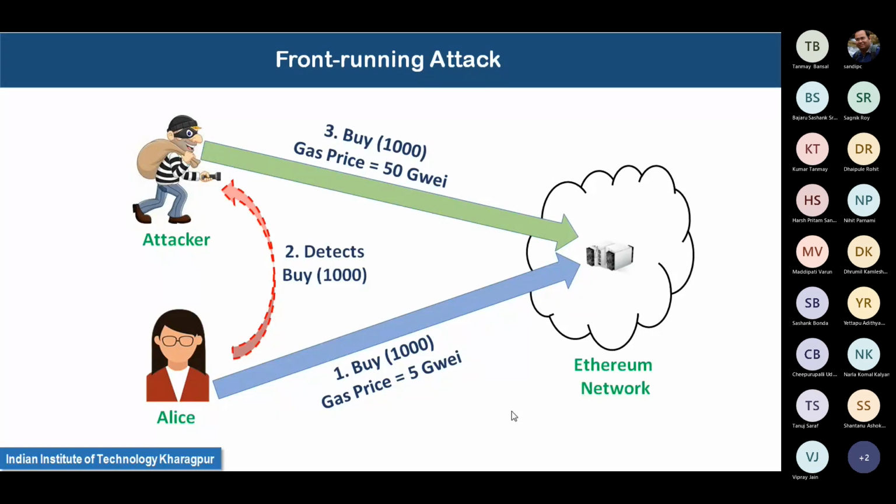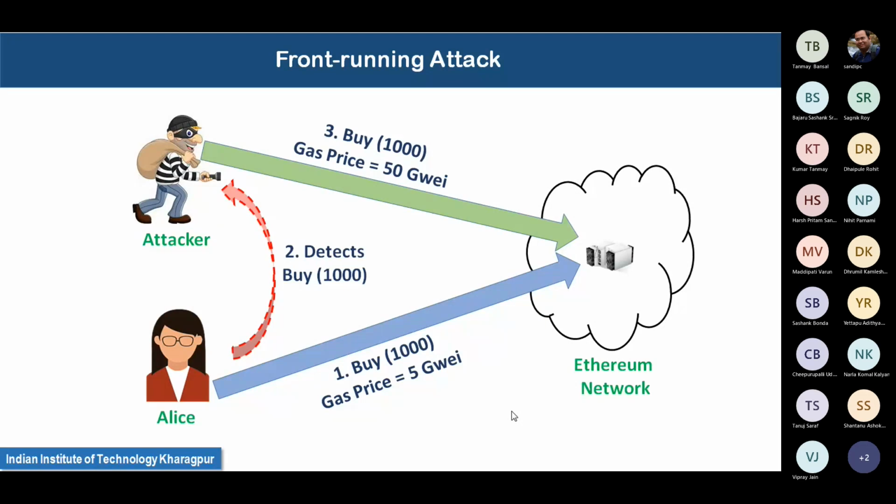Since there is not much direct control about how this will be done with respect to some timestamp based ordering in a decentralized network, it is possible that the transaction of the attacker will get in first and he gets the profit. And it might also cause Alice's transaction to fail if the prices are going up because of the attacker's transaction, and then Alice might not be willing to pay that higher price.